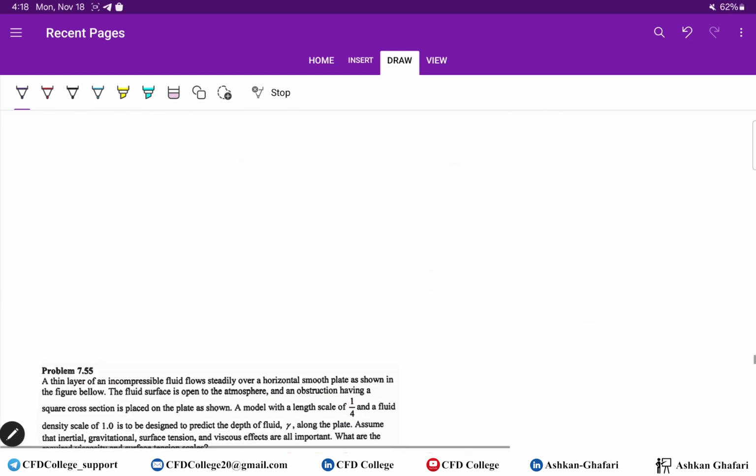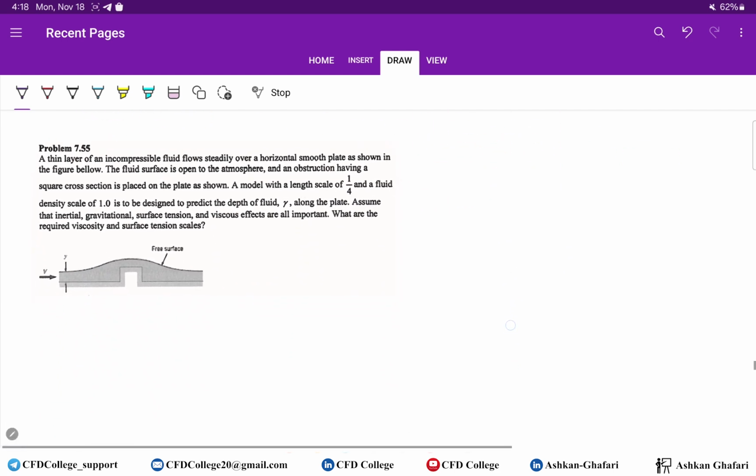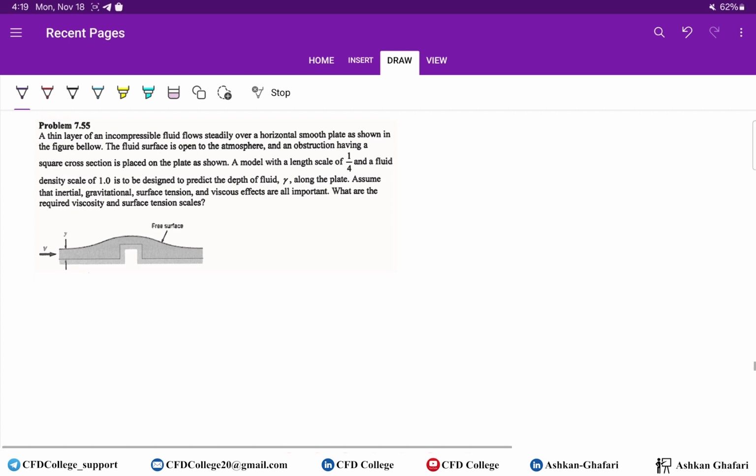So let's jump to the next one. I think we have three more questions. Problem number 55. A thin layer of an incompressible fluid flows steadily over a horizontal smooth plate, as shown in the figure below.